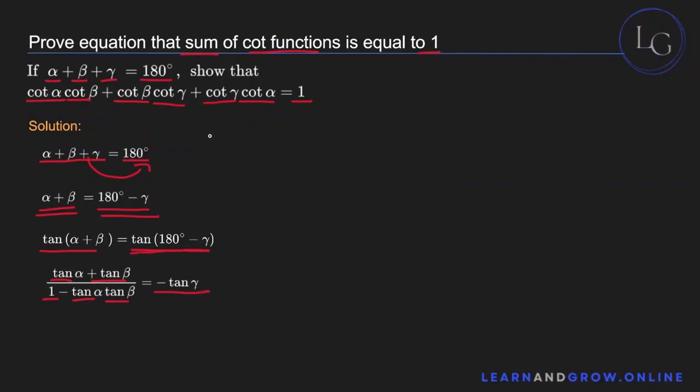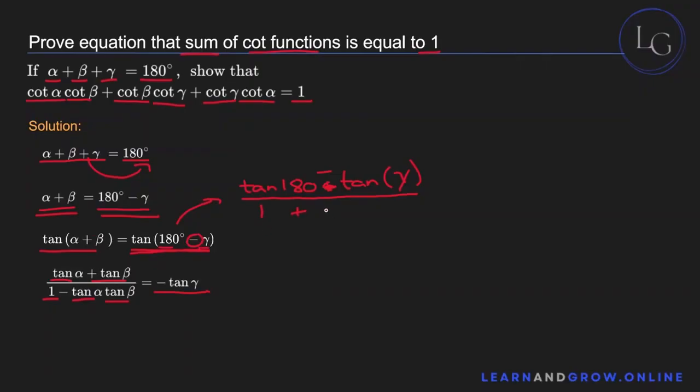Why? Because this can be written down as tan 180 minus tan gamma, because this is negative, right? So minus tangent gamma. I'm sorry for my drawing, it's just a little bit off. Over 1 plus, not minus, because again it's not a positive sign, it's a negative sign between 180 and gamma.